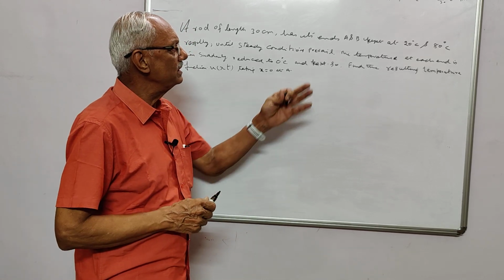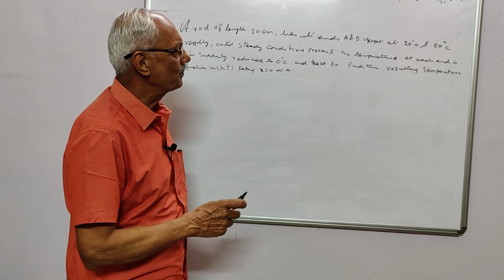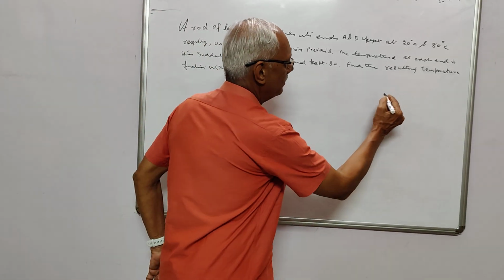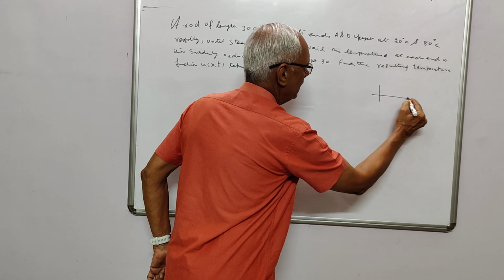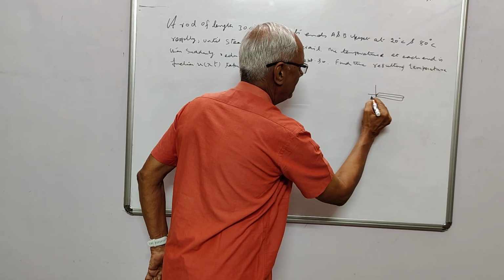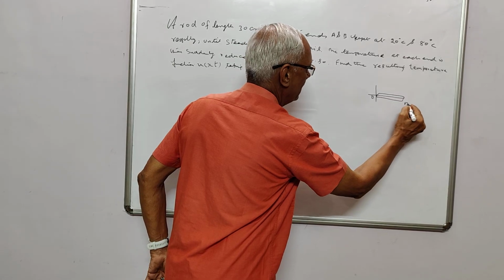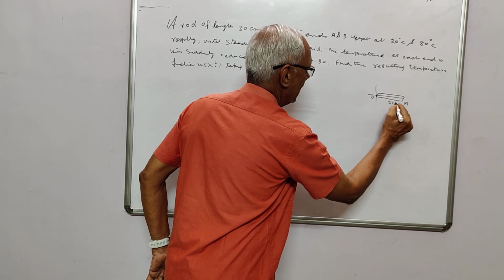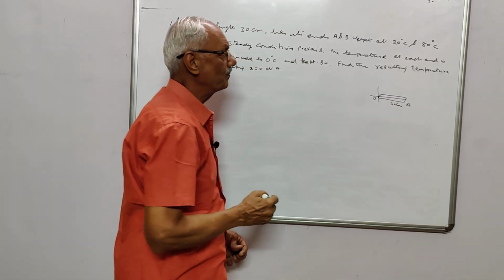You see that it is given in the problem. There is a rod lying like this. I take this point as O and this as A, and this is 30 centimeters.